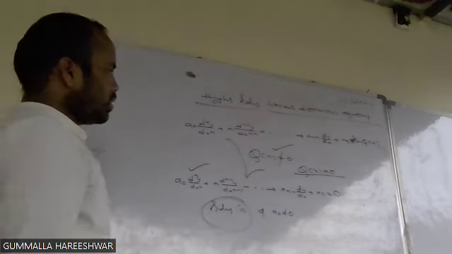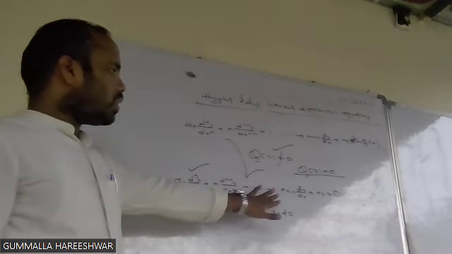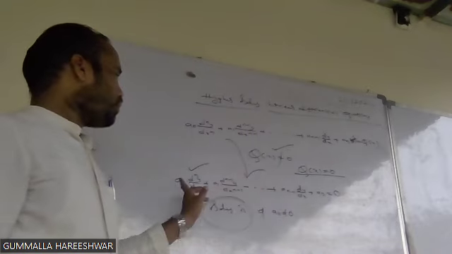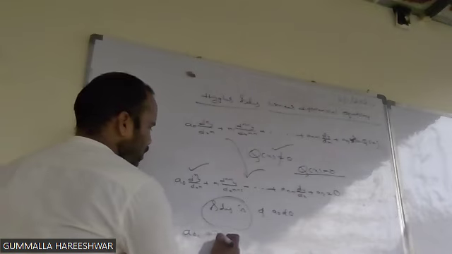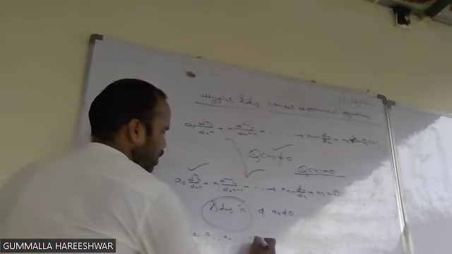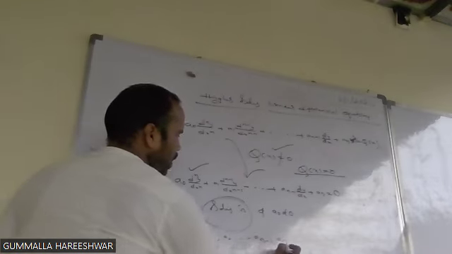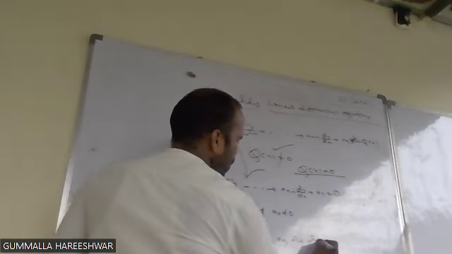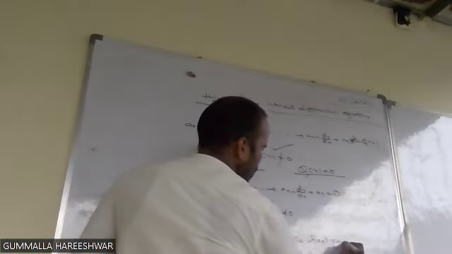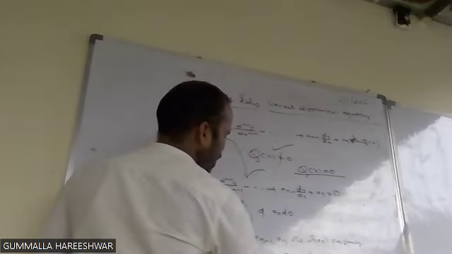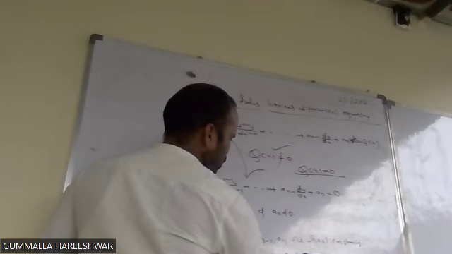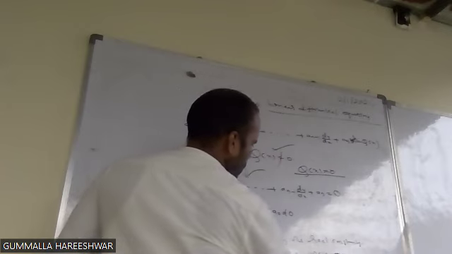So this is a higher order linear differential equation with constant coefficients. Here a naught, a1, a2, and so on, a n minus 1, an are real constants, a naught is not equal to 0, and q of x is 0.